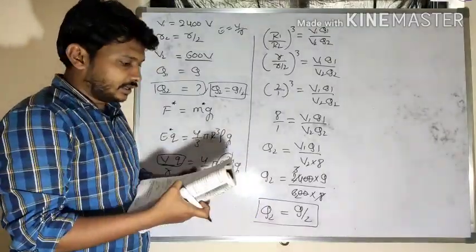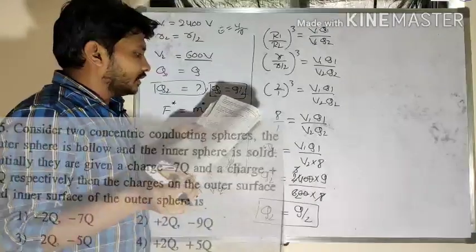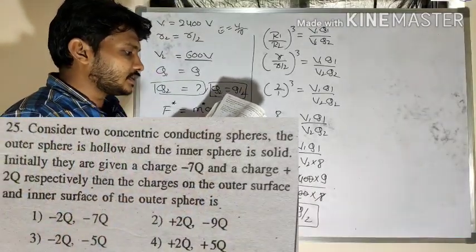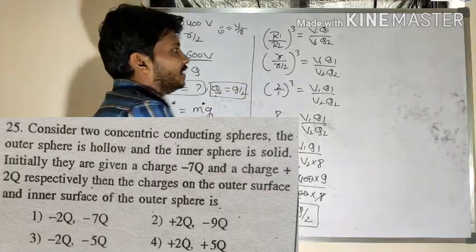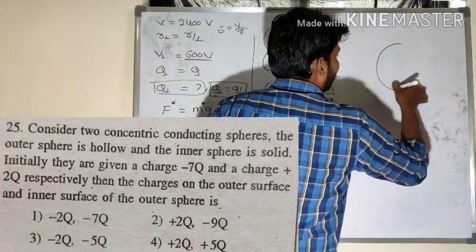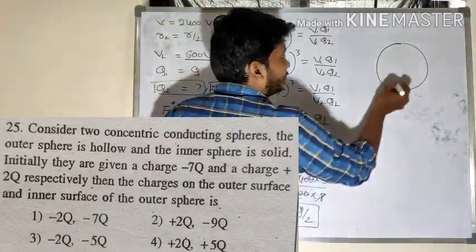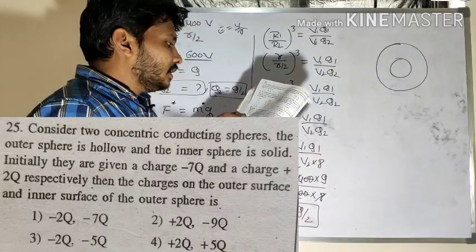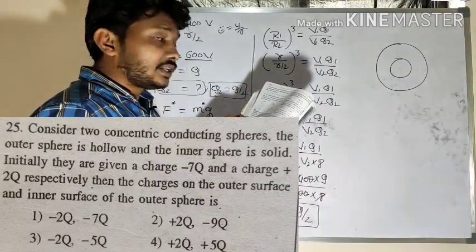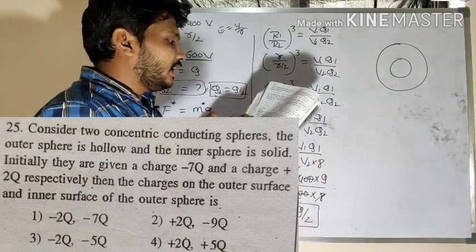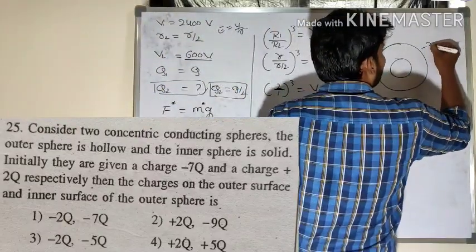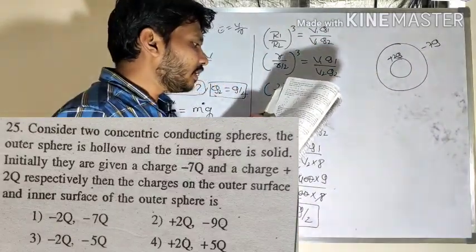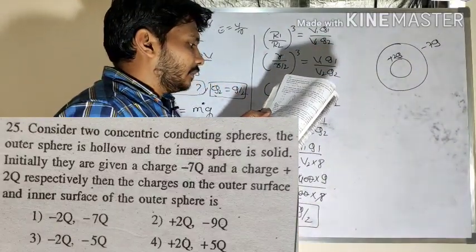So let me solve another question here. Consider two concentric conducting spheres. The outer sphere is hollow and the inner sphere is solid. Initially they are given charges of minus 7Q and plus 2Q respectively.